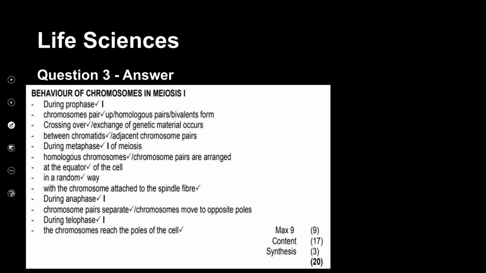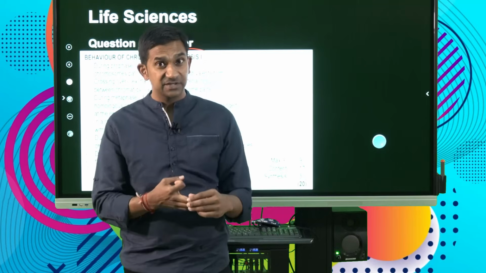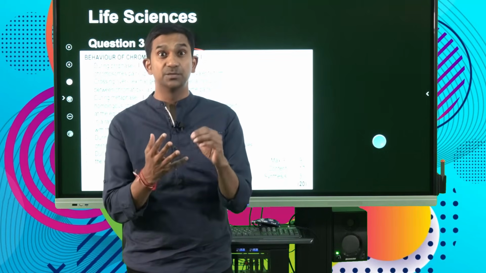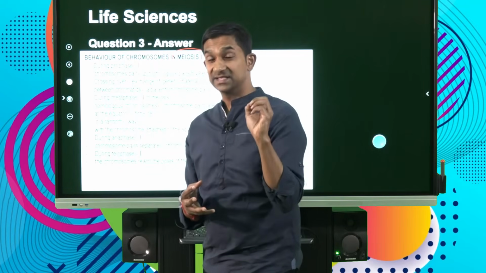The other part of the essay requires us to discuss the behavior of the chromosomes during meiosis I. So again, you've got to discuss prophase 1, metaphase 1, anaphase 1, and telophase 1. It's important that you recognize the key description for prophase 1 is the significance of crossing over, the concept of how chromatids exchange information at the point called the chiasmata.